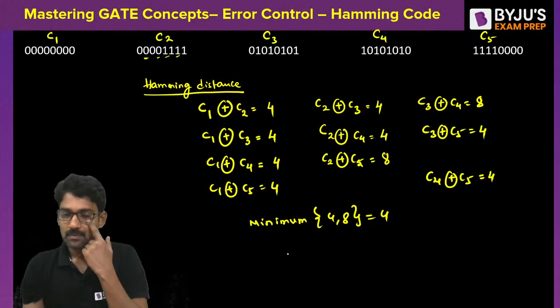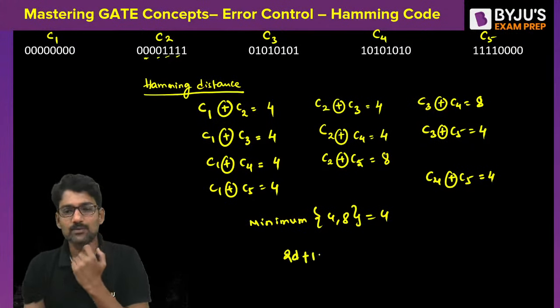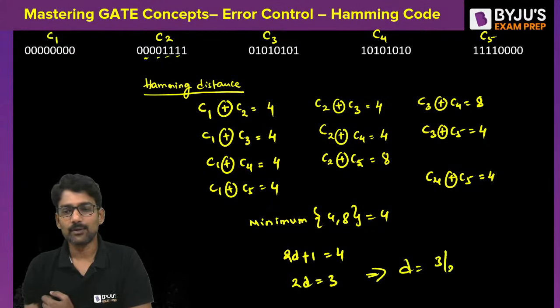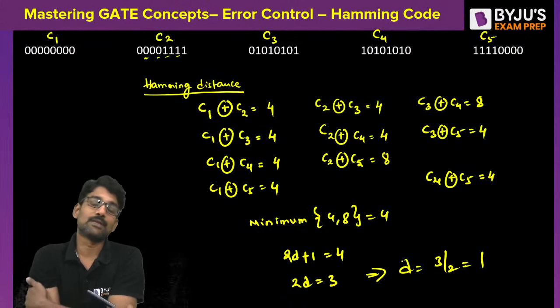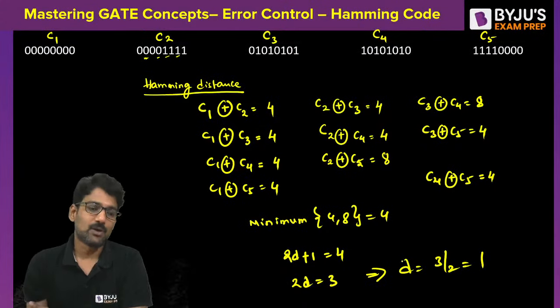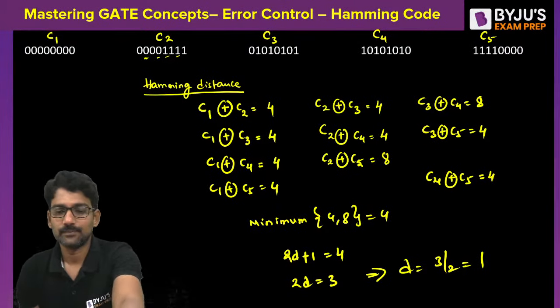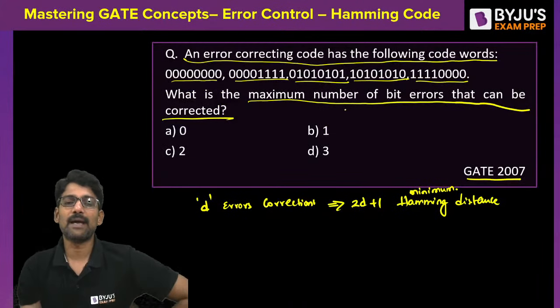So 2d plus 1 is 4, 2d is 3, so what should d be? 3 by 2, that means 1. Don't say 1.5, 1. So how many errors can be corrected? 1 error, because we take the minimum Hamming distance.